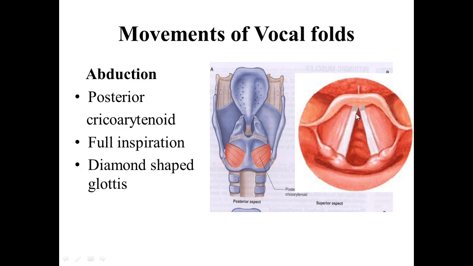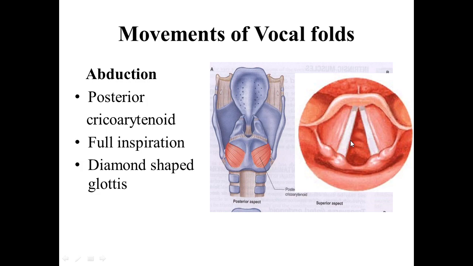Abduction of vocal folds means the two vocal folds move away from each other, and this abduction is caused by posterior cricoarytenoid muscle. So this muscle is the posterior cricoarytenoid muscle, which causes the abduction of vocal fold.